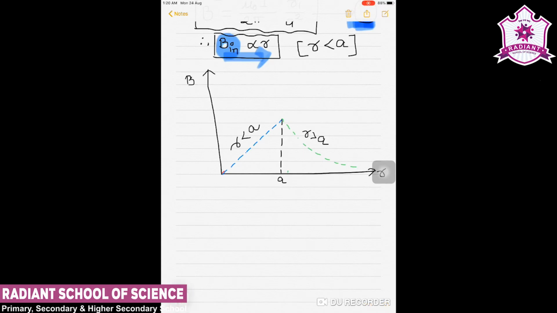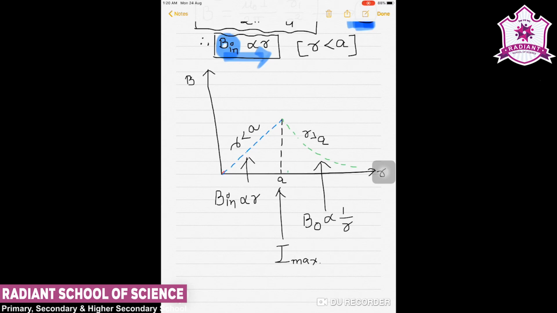So for the blue dots we can say that B, which is inside, is directly proportional to r, while for the green dots B, which is outside, is inversely proportional to the radius or the distance. Here a is actually on the surface of the wire, where the maximum current I flows through it.